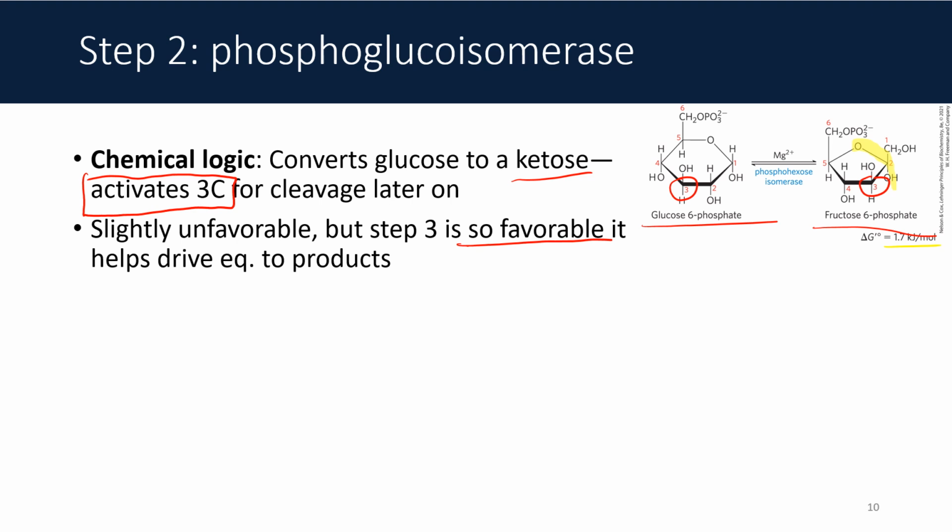Said another way, step 3 is going to use F6P as a reactant so quickly, it doesn't have time to revert back to G6P. Again, it's Le Chatelier's principle. The concentration of this is going down, which will stress equilibrium into the forward direction, and thus help us form products. Keep glycolysis going forward.